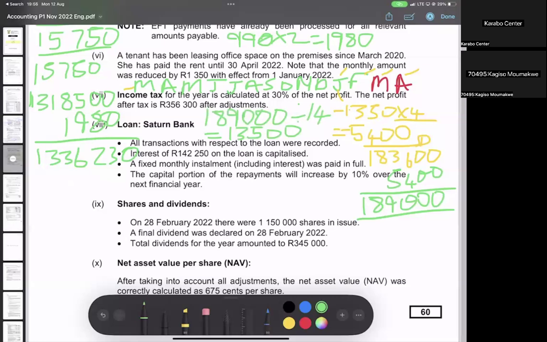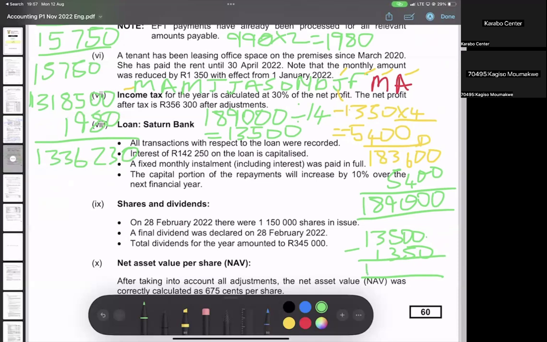Now we have to do the effect. But there are only 2 months that we do not want. We don't have to do the effect for 4 months, because January, February is already recorded. March, April is also already recorded, but we want to exclude March, April. So you just say 13,500 minus 1,350.